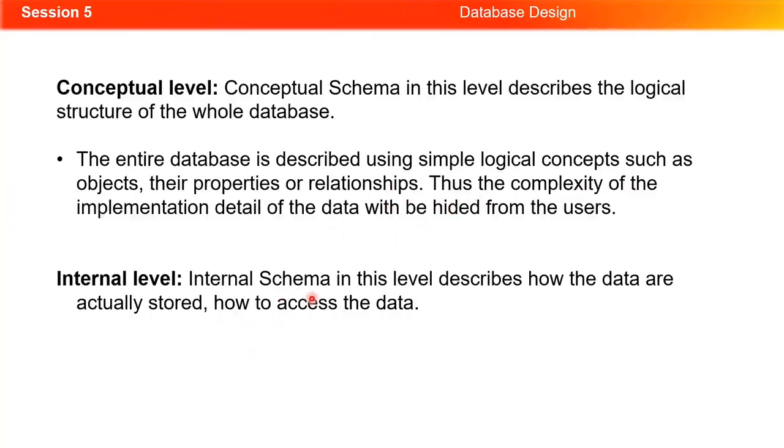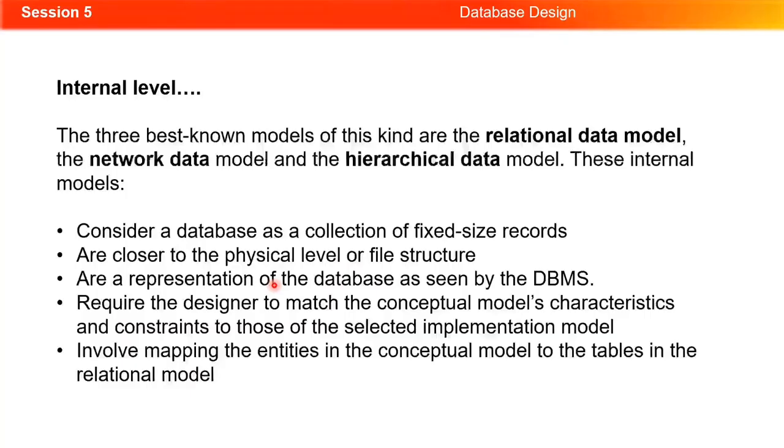And then the internal level is the internal schema, and it describes how the data are actually stored and how they're accessed. So there's different storage in a database. There is sometimes faster storage, faster memory. So that is all part of the internal schema.